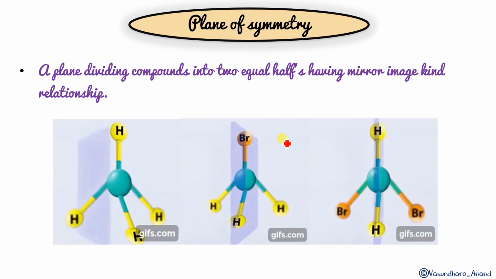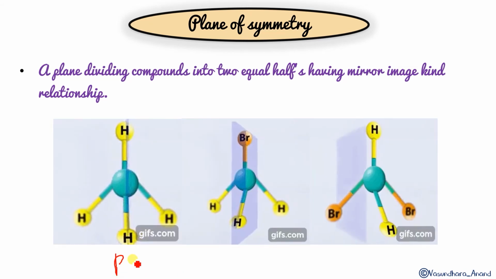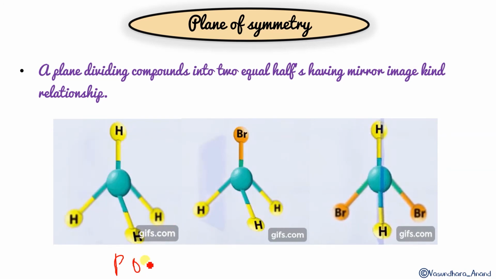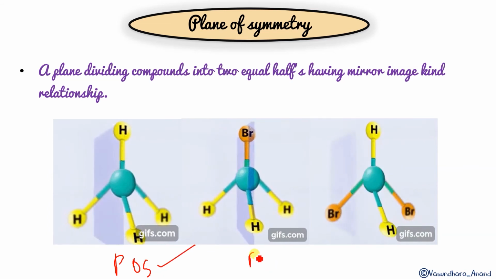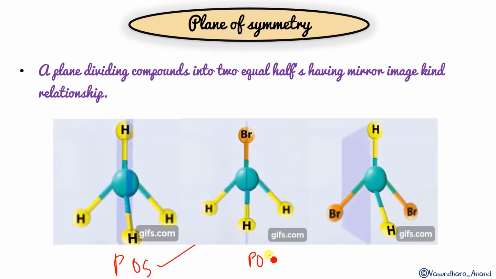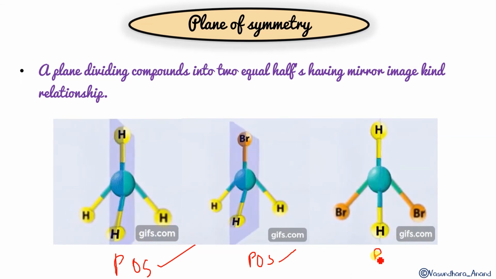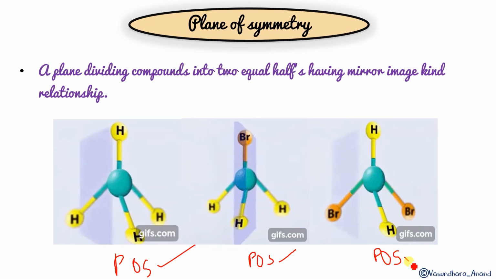So all three have POS. Here in all three cases, POS is there. That means it is not going to show the chirality. Clear? All three have. Here also, and here also. That means all three will not show the chirality, and that means optically inactive.